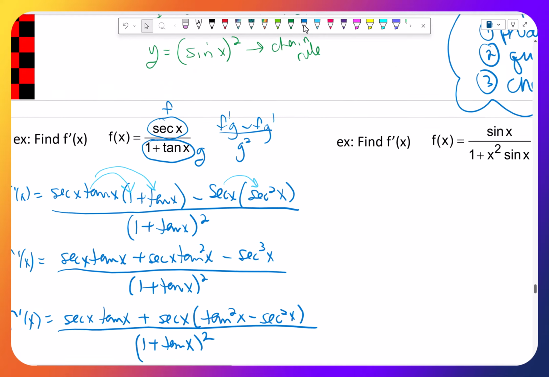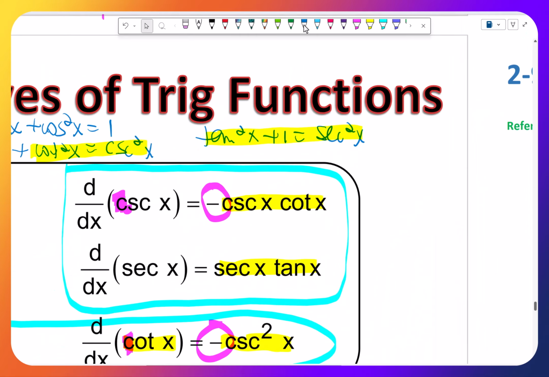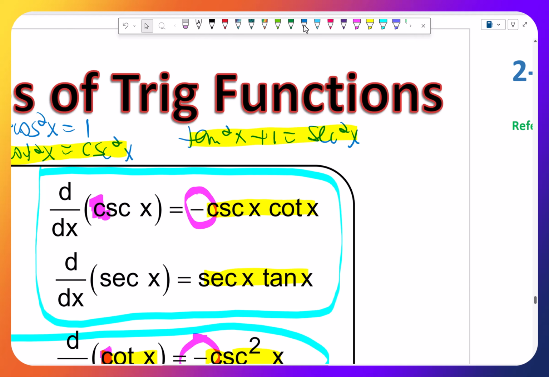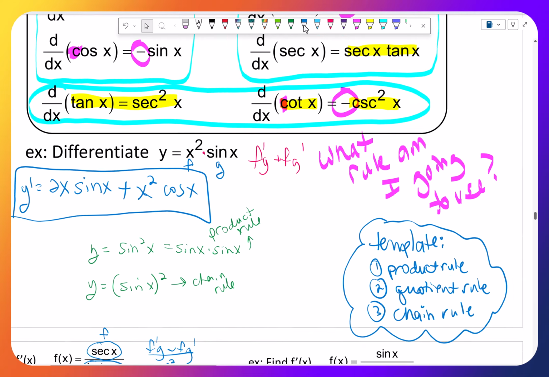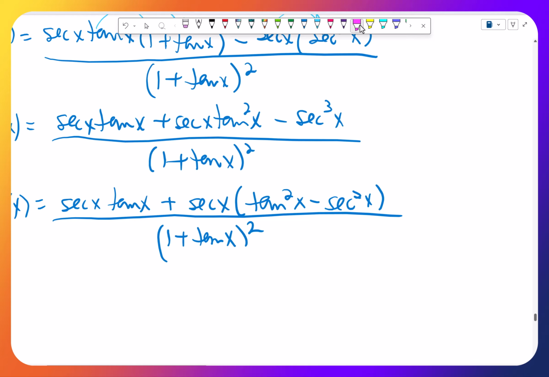So let's go back and look at the Pythagorean. I got tangent squared minus secant squared. What would tangent squared minus secant squared equal? -1, right? So tangent squared minus secant squared, I would move these over and it would be -1. So this portion right here is going to turn into a -1, which would be way nicer than what I have, isn't it?